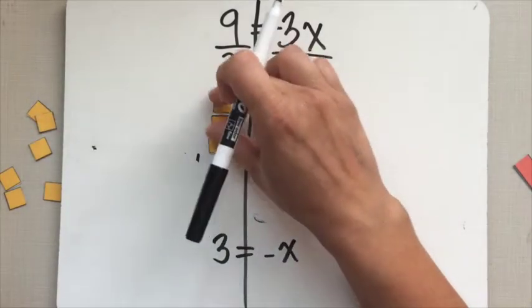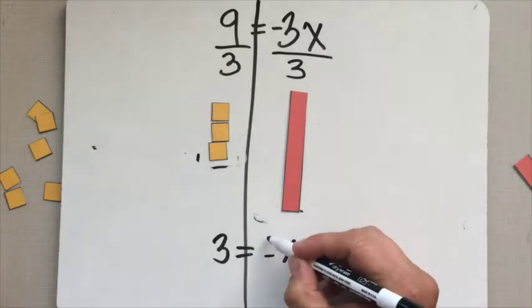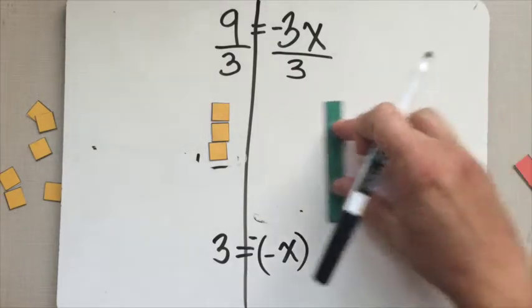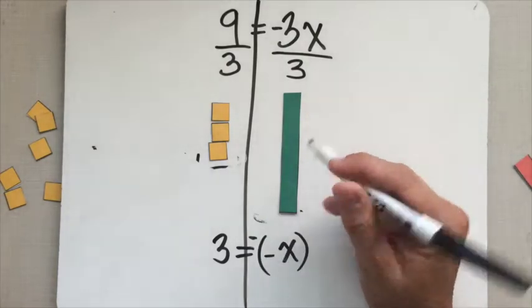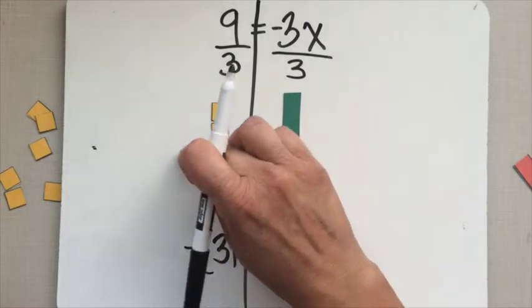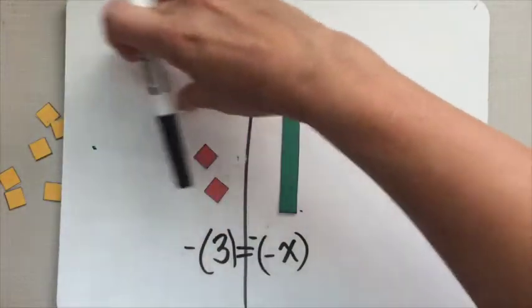So I know that negative x equals positive 3, but I'm not done until I have a positive x. To get a positive x, I'm just going to take the opposite. The opposite of a negative x is a positive x. And if I take the opposite of this side, I'm going to take the opposite of this side. The opposite of 3 positive ones is 3 negative ones.